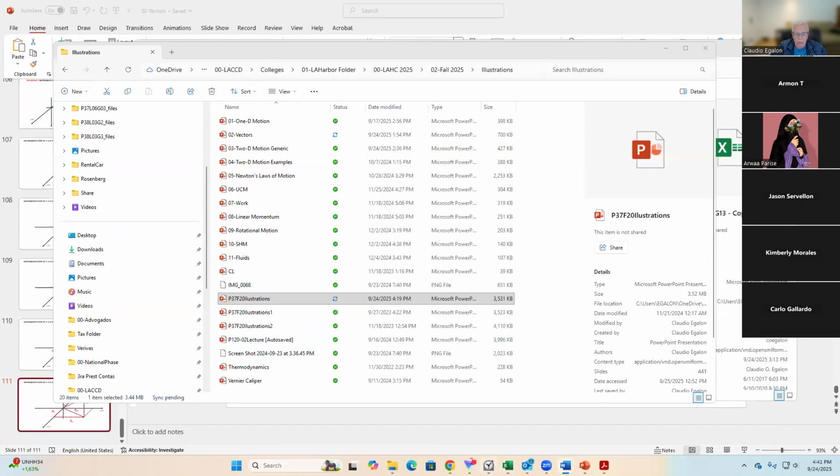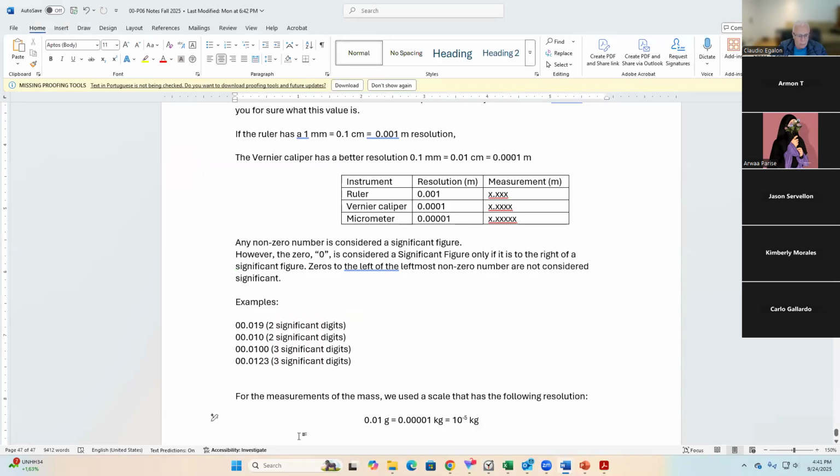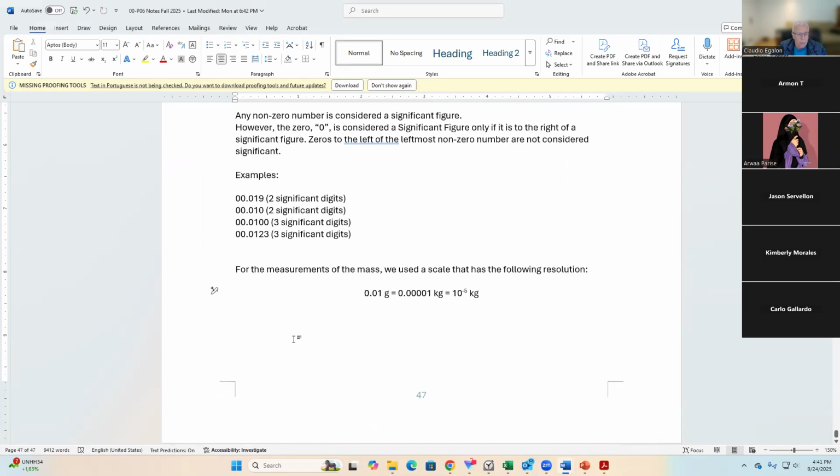So here you go, significant digits. Significant digits, okay. What the heck is that? Sig figs depend on the instrument you use, okay?